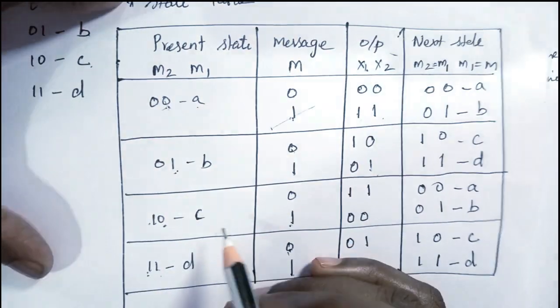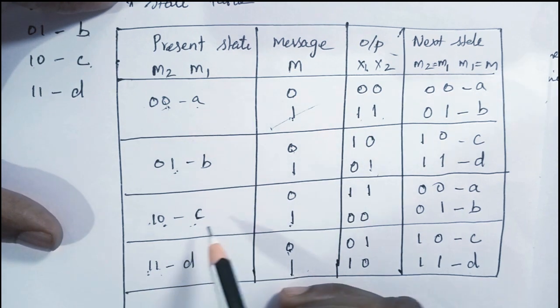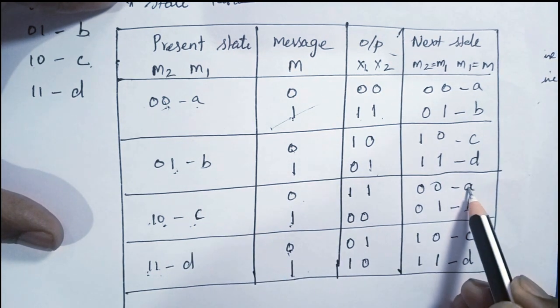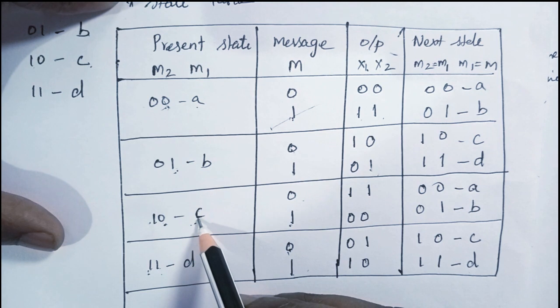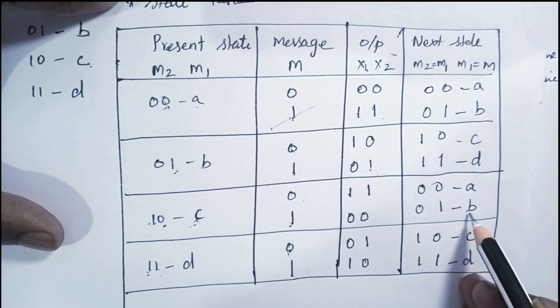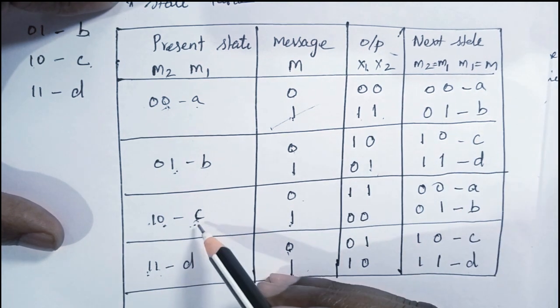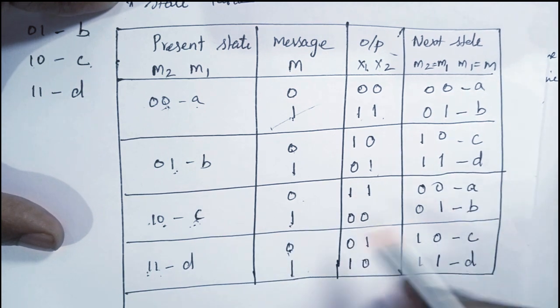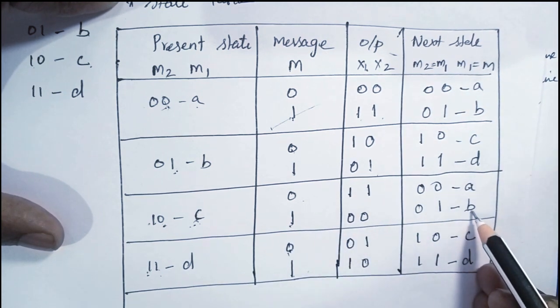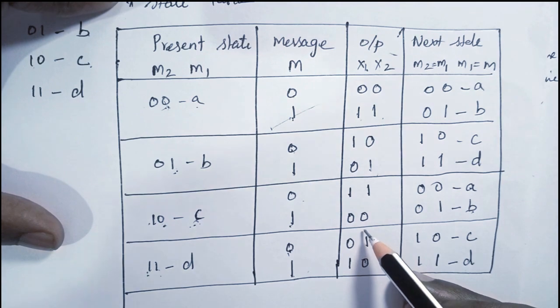Let's go to state C, the third state. From the table, if the current state is C and the input is 0, it goes to state A, and if the input is 1, it goes to state B. The output is 1 1 and 0 0.